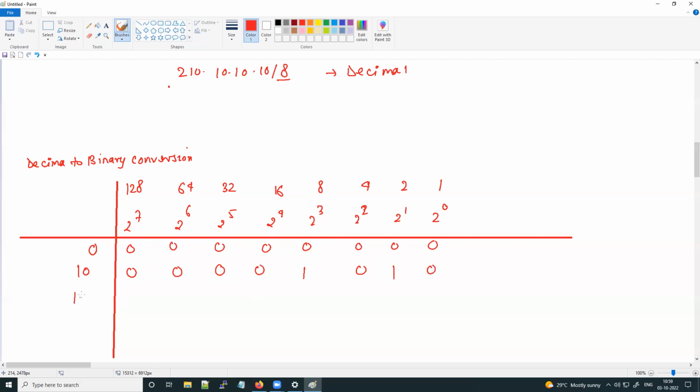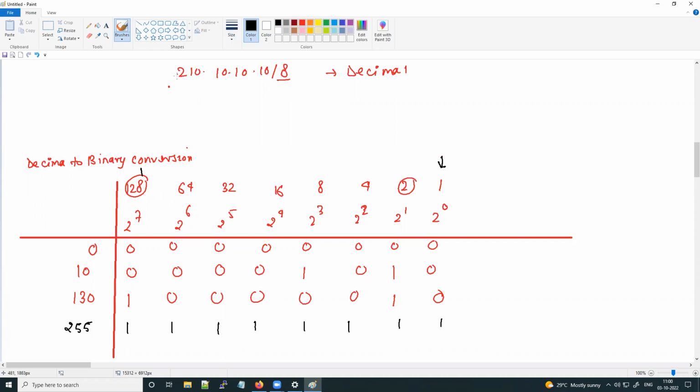Let's suppose we have 130. 130 means 128 plus 2, so this bit and this bit will be 1, and the rest of the bits will be 0. Similarly, if we have the number 255, if you add all from here to here, the result will be 255. That means all the bits will be 1.